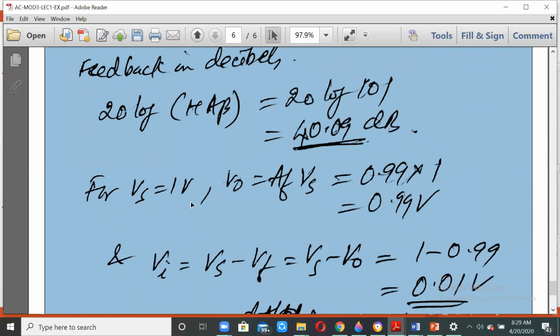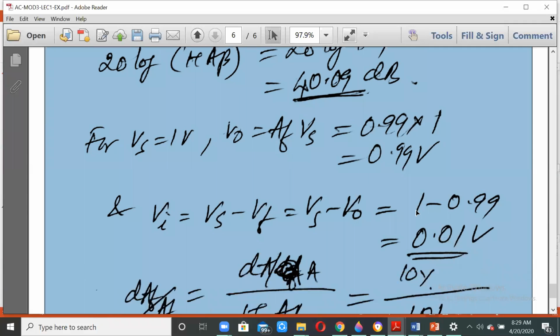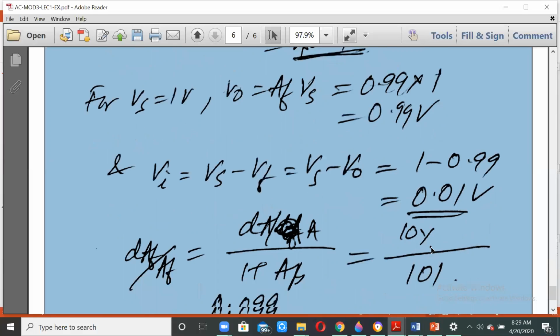If Vs is equal to 1 volt, V0 will be equal to AF into Vs equal to 0.99 multiplied by 1, that will be 0.99 volts. Then Vi is equal to Vs minus Vf, that is Vf is nothing but V0, so Vs minus V0, 1 minus 0.99, that will give Vi value equal to 0.01.